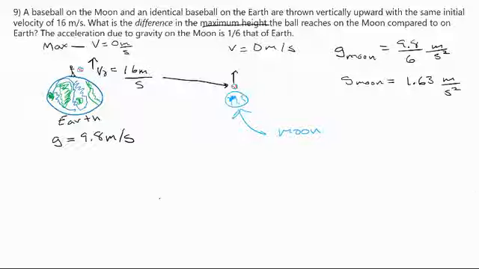Well, look in your free fall equations and see if there's one that'll help you with that. There's one there. You just got to look for it. By the way, how would I label maximum height? Well, the maximum height is the displacement or the distance. So what we really need to do is figure out what delta y is. That's what we're trying to solve for.